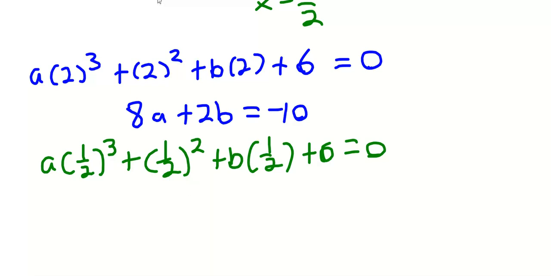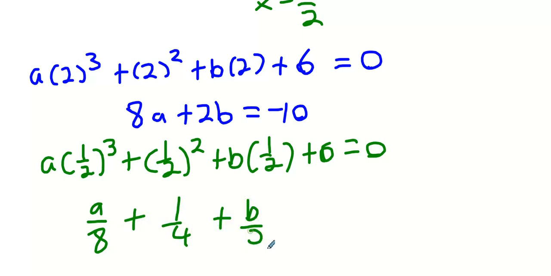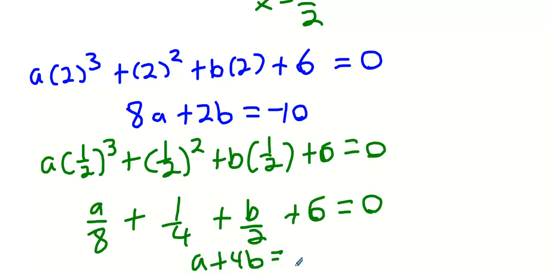And that'll be in turn a over 8, won't it? And that's a quarter. And that's a half. And that's 6. Give it a common denominator. You multiply both sides by 8, you get rid of everything, yeah? And you'll get a plus 4b equals minus 50.